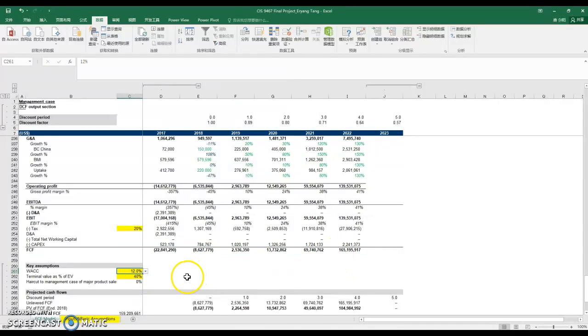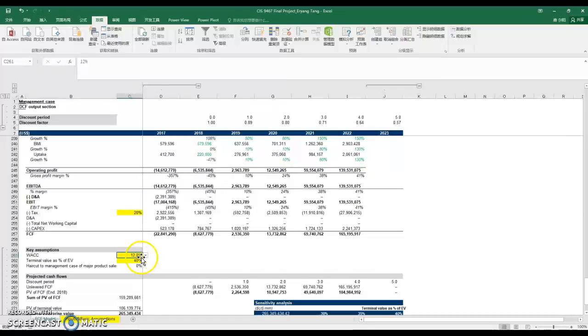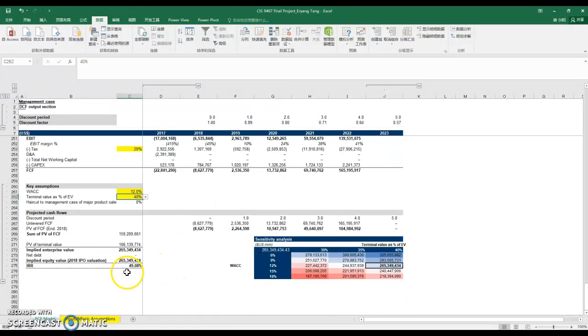Now, note that I have several key assumptions in here as well. For the WACC, we can select different values for the company, but after careful research, I think 12% is the appropriate number for the company. For the terminal value as a percent of EV, we have different choices, but 30% is the company's target.